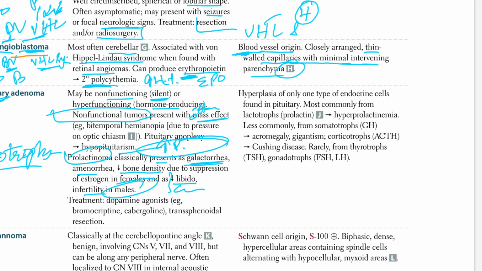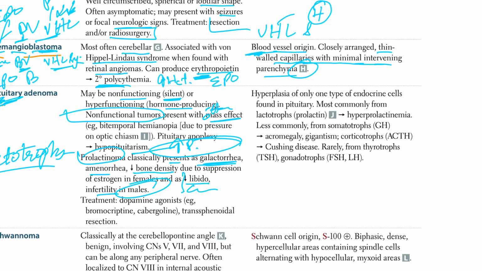The third thing we will think about is if it's a tumor of somatotrophs. Somatotrophs are your growth hormone. If you have a lot of growth hormone, then it's going to cause acromegaly or gigantism. Or you could have a corticotroph tumor, which is ACTH, which can lead to Cushing disease.